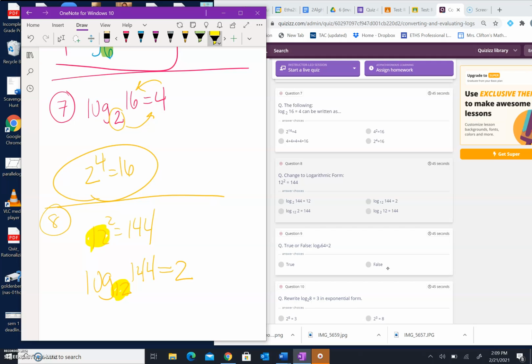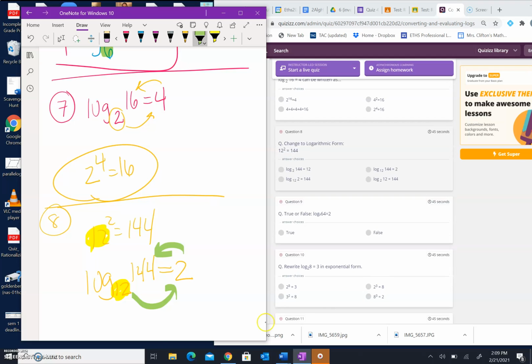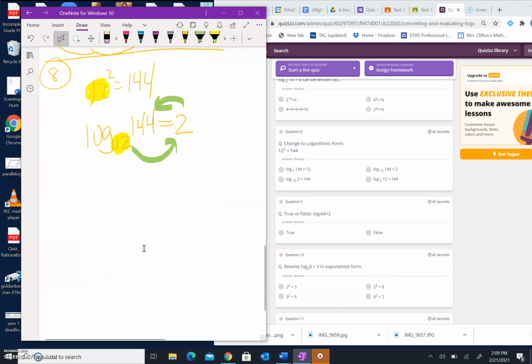And then I like to do my double check with my circle. 12 squared equals 144. That's always how I double check. Okay, so these are saying the same thing, just in a different way. I like to think about logs more in terms of the exponential relationship that's going on there. Some of you guys may be able to do like 12 to what power is 144 a little bit easier. Kind of depends on how our brains work.